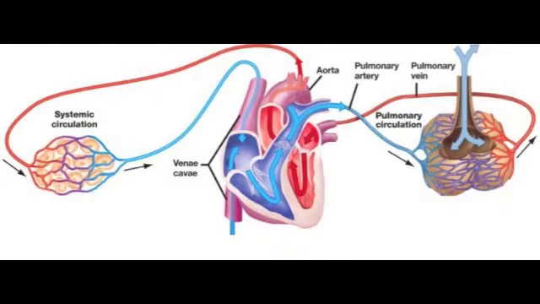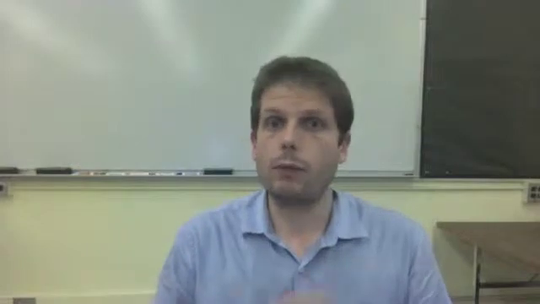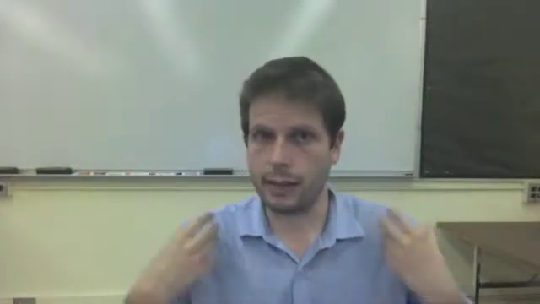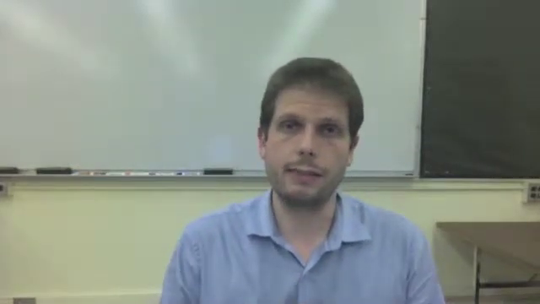It branches and branches into ever finer blood vessels, and moves into the rest of the tissue, where this freshly collected oxygen can be given off to supply respiring tissues, such as our muscle cells that might need it if we're working out in particular. This is what we call the systemic circuit. Systemic just refers to the rest of the system of the body.